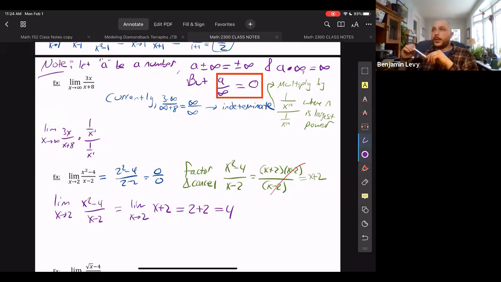Okay, so the way this works is this thing in the top multiplies the thing in the numerator, and the 1 over x in the denominator is going to multiply both the things in the denominator, right? It distributes through there. And so it ends up looking like this.